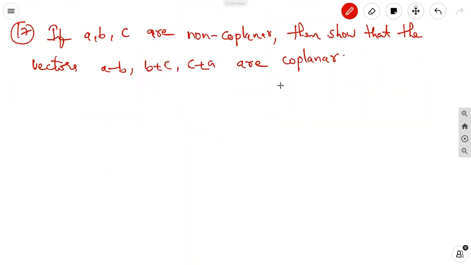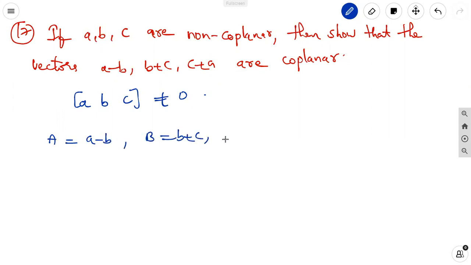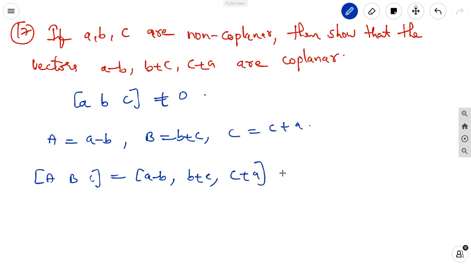What we have in the relation: we know that A, B, C are non-coplanar means volume of ABC is not equal to 0. Then we can show that these vectors, we can take A vector equal to A minus B, B vector equal to B plus C, C vector equal to C plus A. That is nothing but volume of ABC times the determinant 1, minus 1, 0, 0, 1, 1, 1, 0, 1.